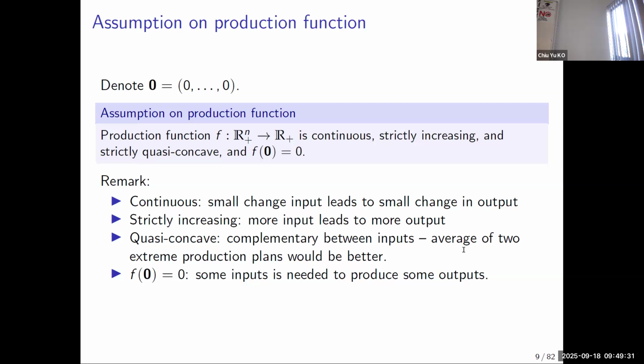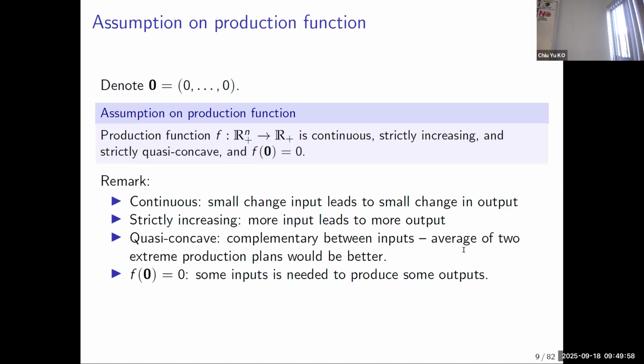But the idea is that if you combine two production plans, you actually increase the production. Same as your preference, right? Remember the consumer: if two bundles are the same to you, and you mix them, it's always better off. Then a convex preference leads to a strictly concave utility function.